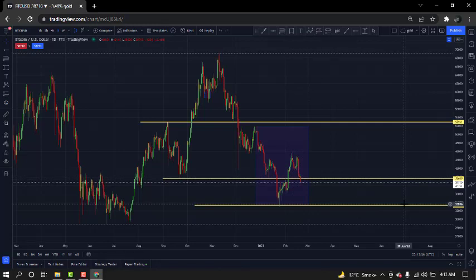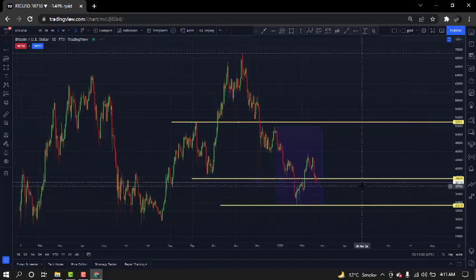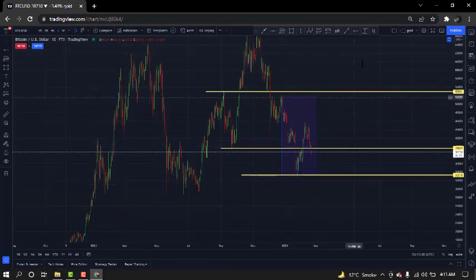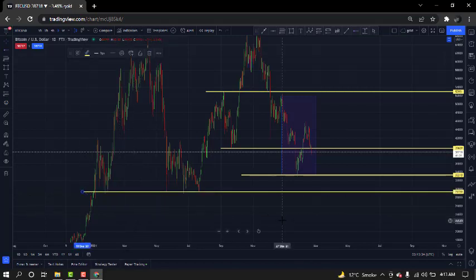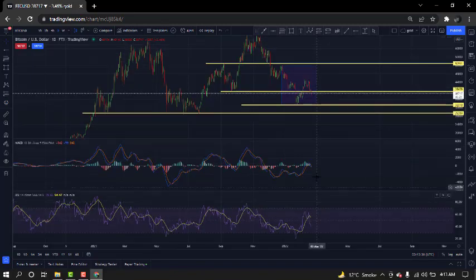It can break easily, so we don't have to worry about it. Now these are the strongest supports. If the market touches this level, we will take the position.